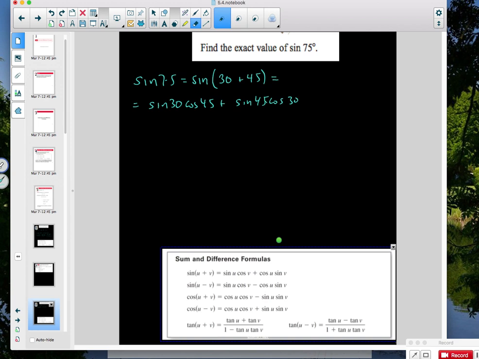And by the way, while you're at home, you can use these formulas. And if you were here, you would be given these formulas as well. Okay? So, what is sine of 30? It's 1/2. Cosine of 45 is root 2 over 2 plus sine of 45 is root 2 over 2, and cosine of 30 is root 3 over 2, and you get the beautiful answer, root 2 plus root 6 over 4.